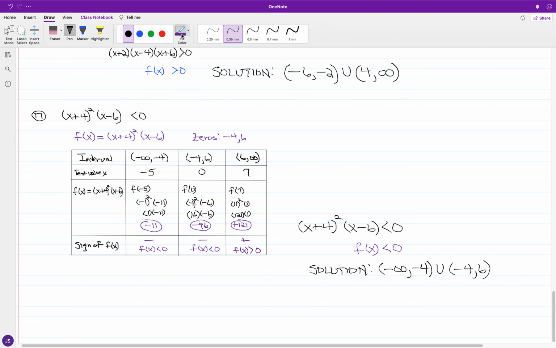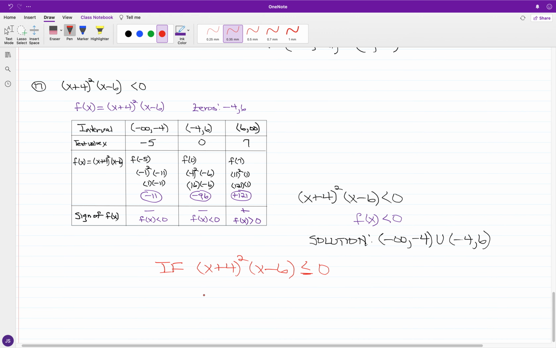And let me just throw this in. If the square of x plus 4 times the quantity of x minus 6 is less than or equal to 0, you're still looking at the same limits, since less than or equal to is the same direction as less than.